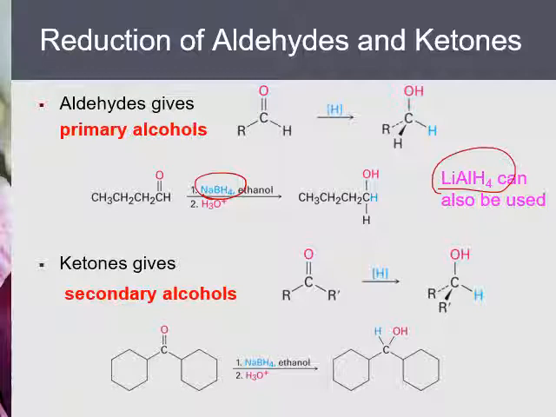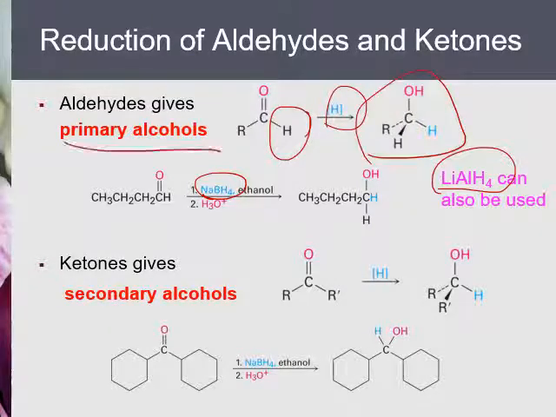In an aldehyde, since at least one side of a carbonyl group is hydrogen, adding another hydrogen gives you a primary alcohol. In ketones, since both sides are alkyl groups, adding a hydrogen to the carbonyl carbon gives you a secondary alcohol.